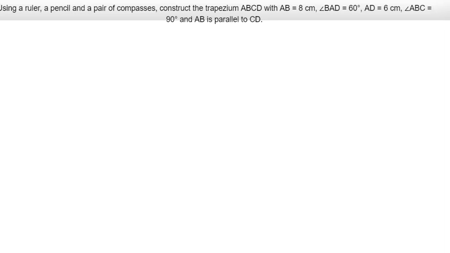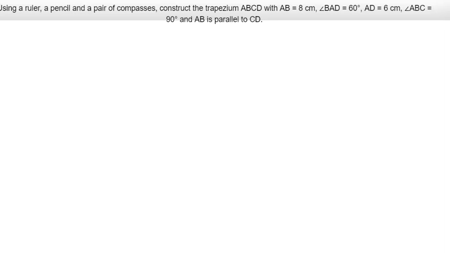So angle BAD is the angle at A. AD is 6 centimeters. Angle ABC is equal to 90 degrees. Angle ABC is the angle at B, and AB is parallel to CD.